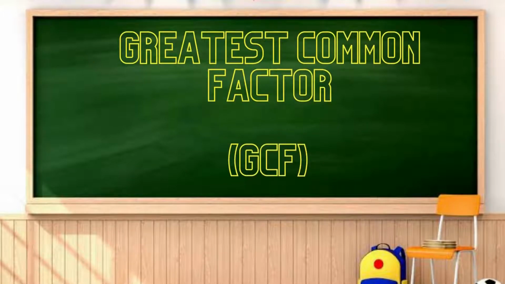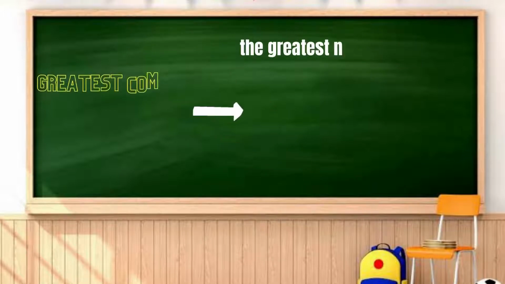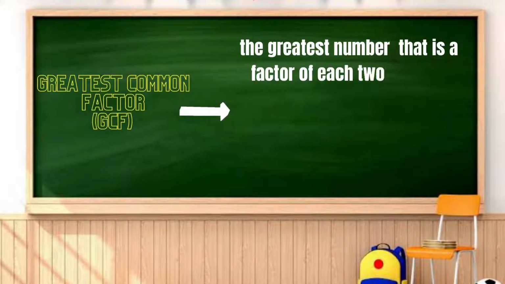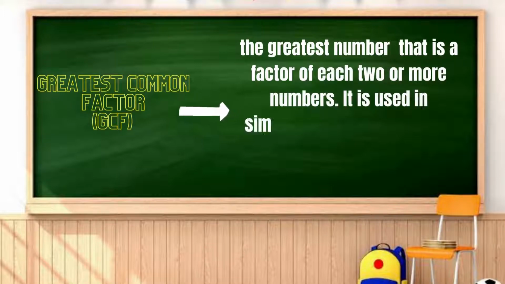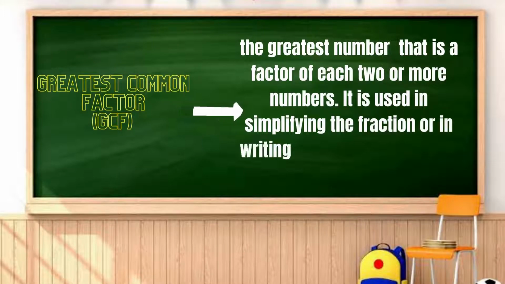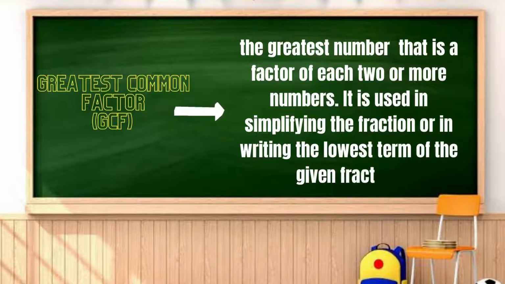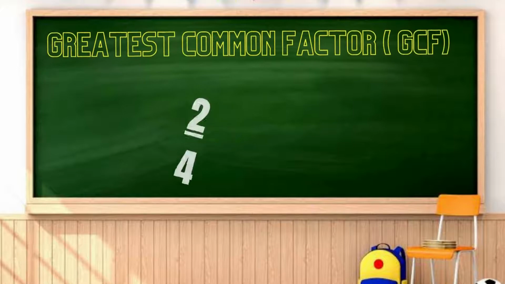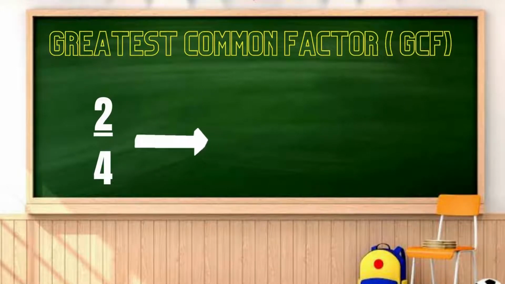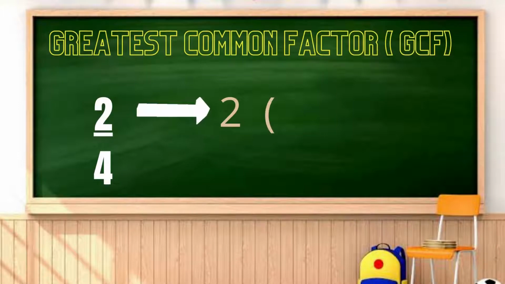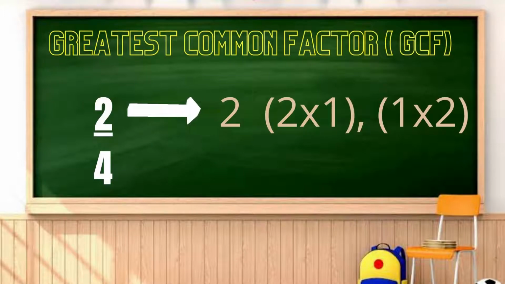The next word is greatest common factor, or GCF. Greatest common factor is the greatest number that is a factor of each of two or more numbers. It is used in simplifying a fraction or in writing the lowest term of the given fraction. Example, 2/4. If we are going to simplify 2/4, you write the factors of 2 and 4. For the numerator 2, the factors are 2 times 1 and 1 times 2, so we have 1 and 2.